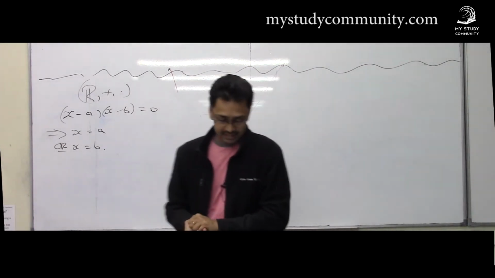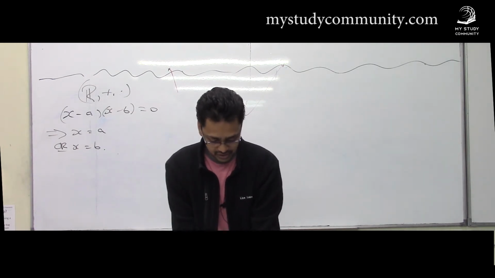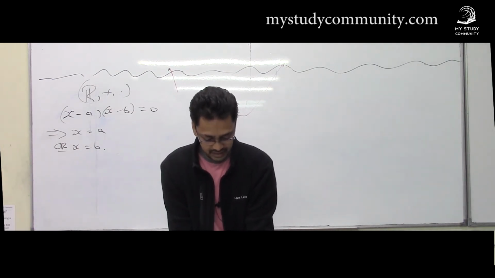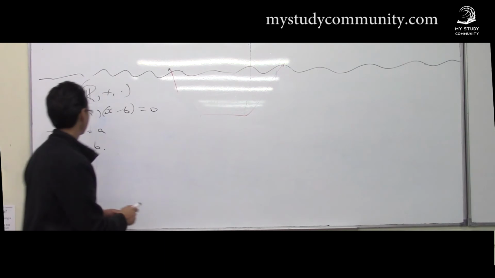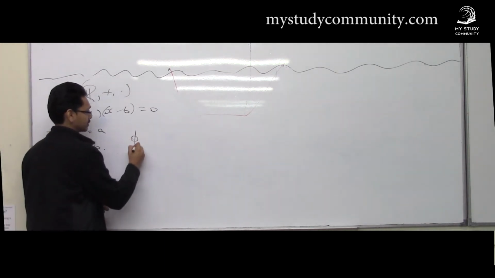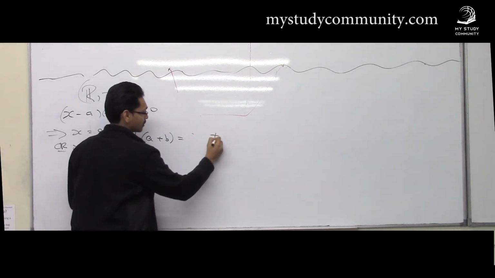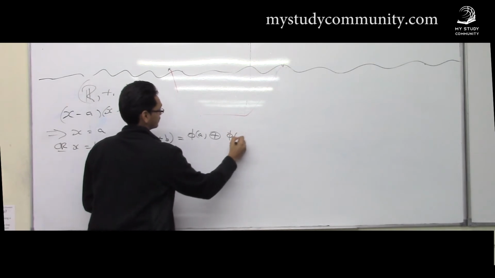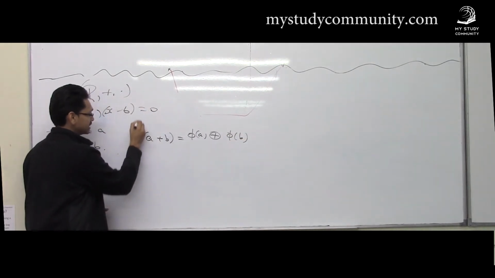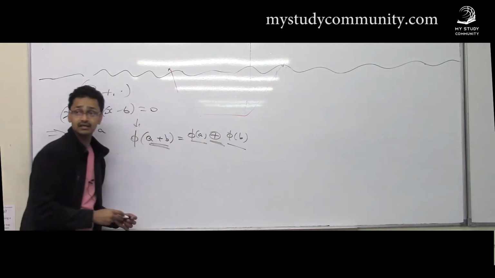So the first point is that the image, look how we read it, the image of a sum is the sum of the images. You all see that? Let me just draw that on the board. So the image of this sum is the sum of the images.